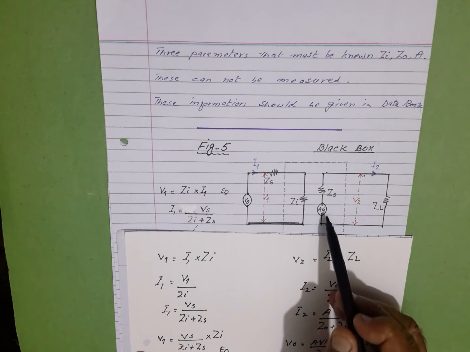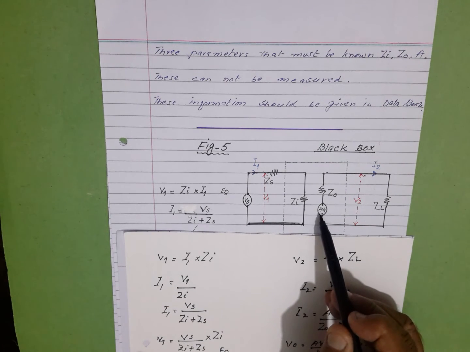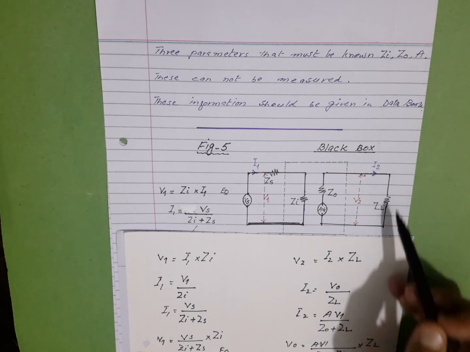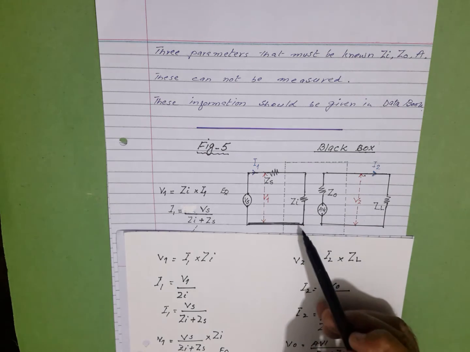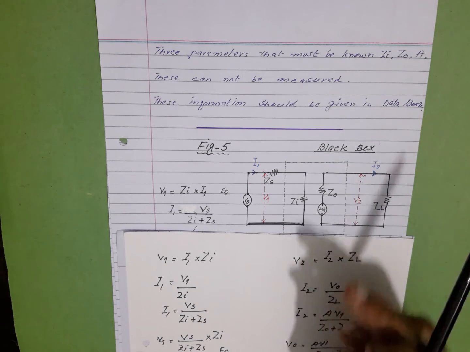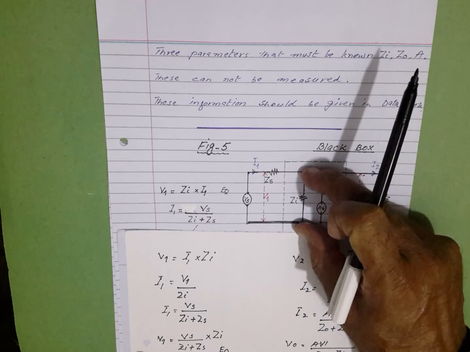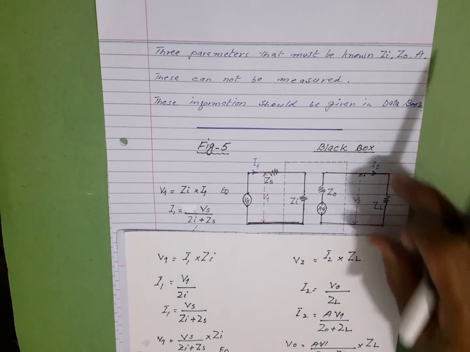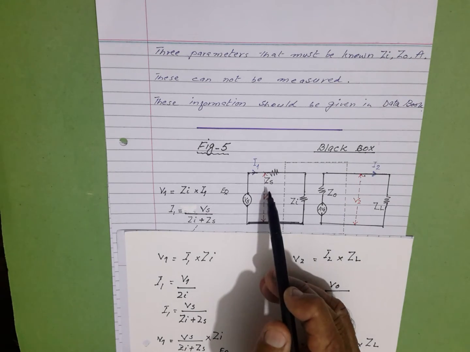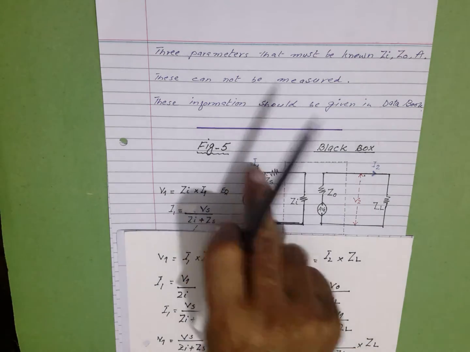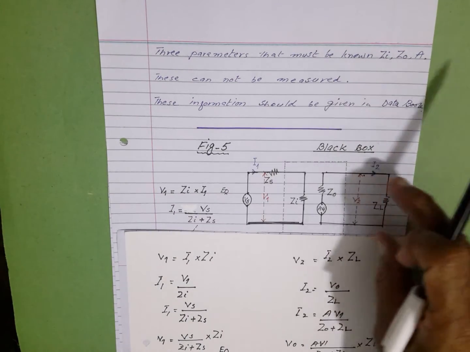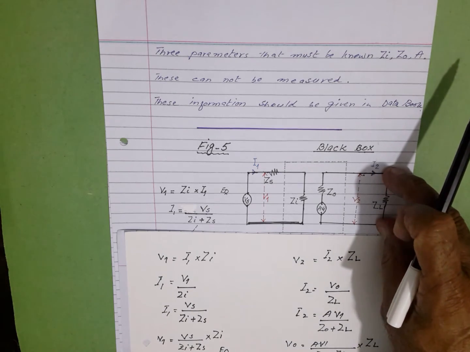Or increase V1, or increase the gain. If the gain is high, the output is going to be maximum. Or use a large Zi, then it will develop more voltage here, that will be transferred to the output. Or Zs should be minimum, it will drop less voltage, most of the voltage will appear across Zi, and virtually we get a large output.